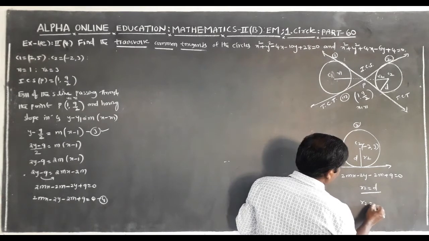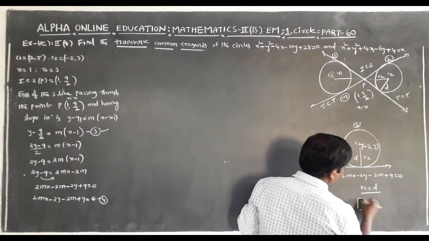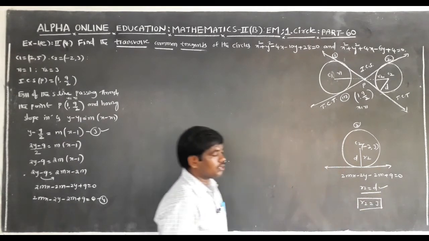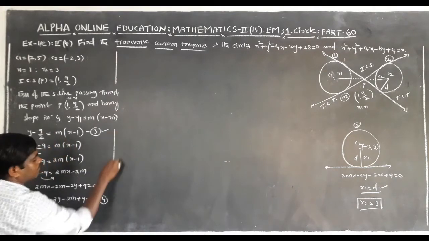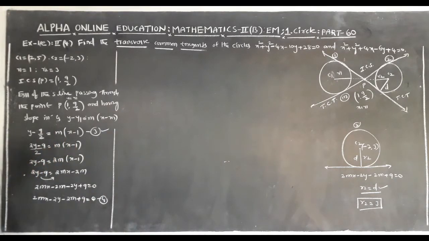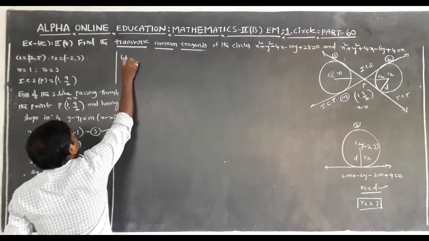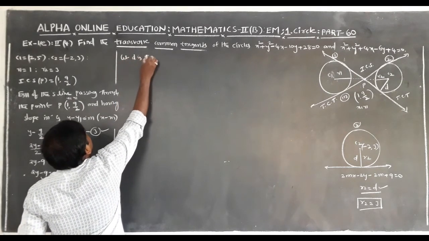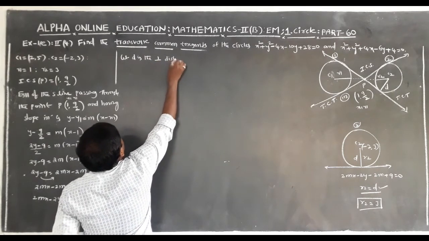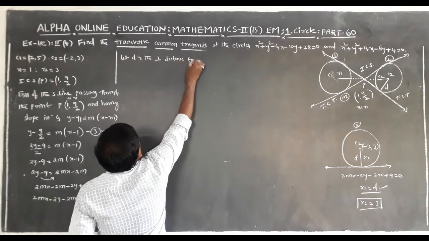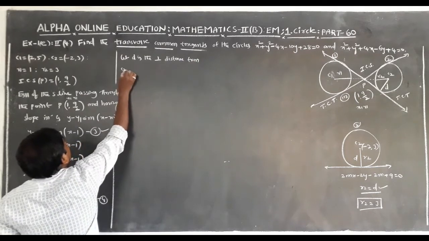Here R2 is equal to 3. Find the value of D. D is the perpendicular distance from the center to the line.